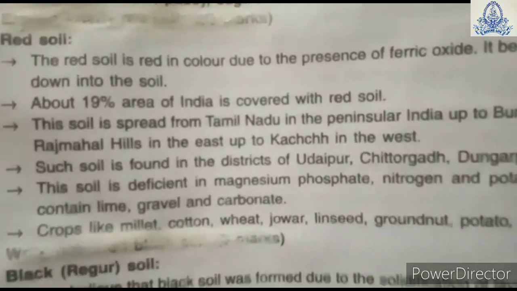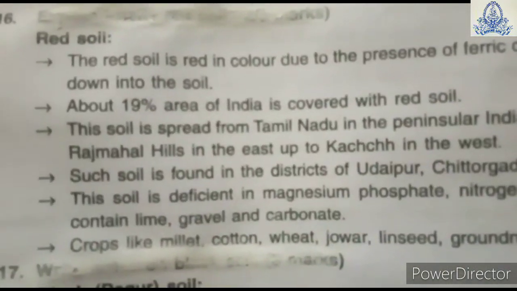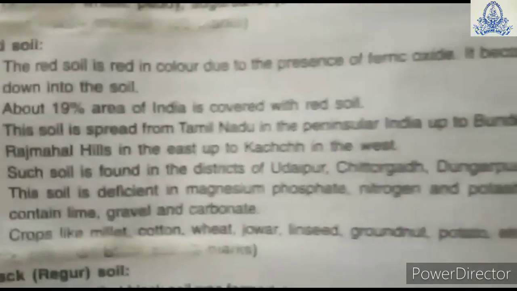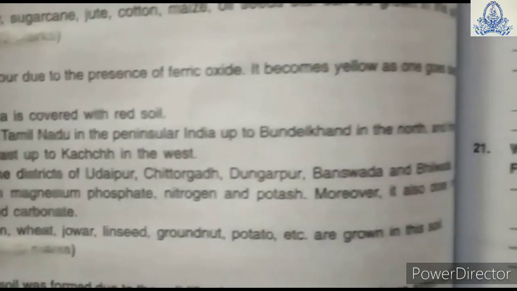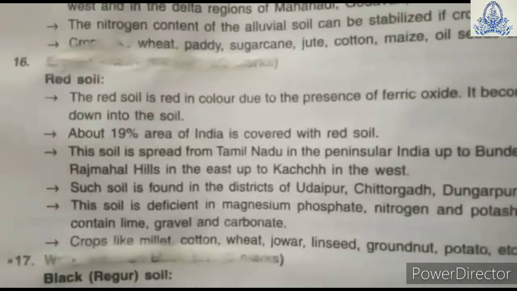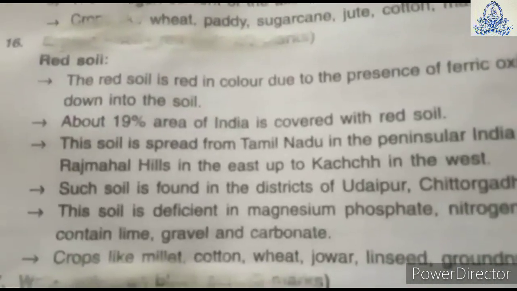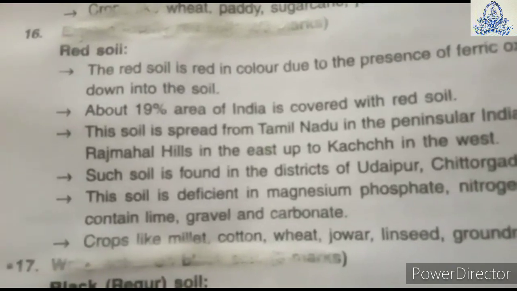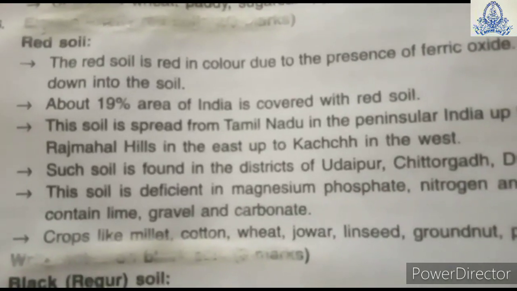Now the second soil is our red soil. Red soil is red in color due to the presence of ferric oxide. It becomes yellow as one goes deeper into the soil. About 19% of the area of India is covered with red soil.